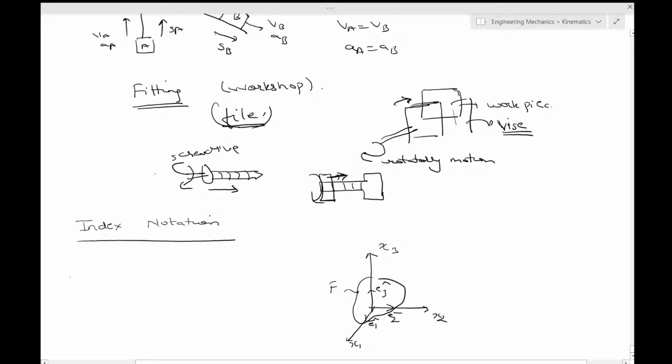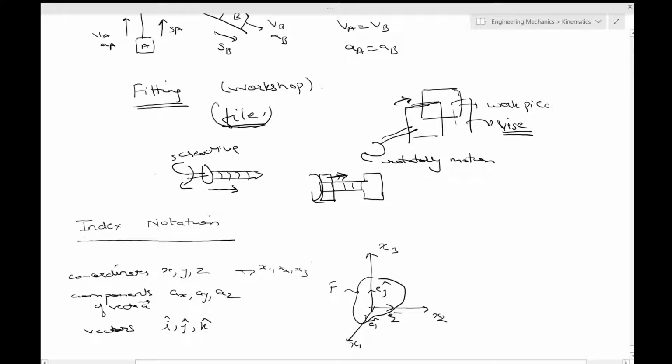You denote the coordinates x, y, z, the components of a vector a as ax, ay, az, and the unit vectors as x1, x2, x3 or xi, where i can go from 1 to 3.